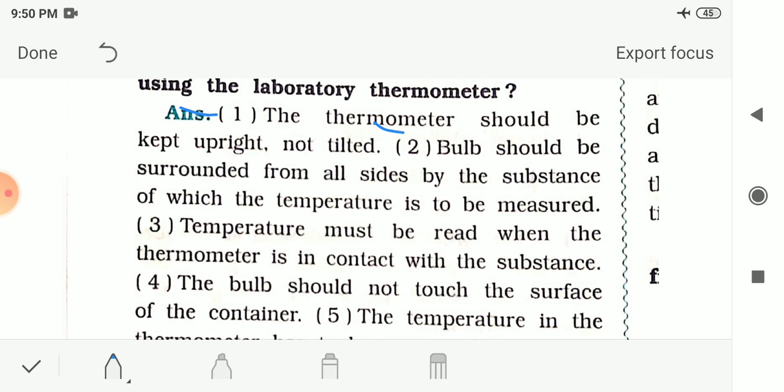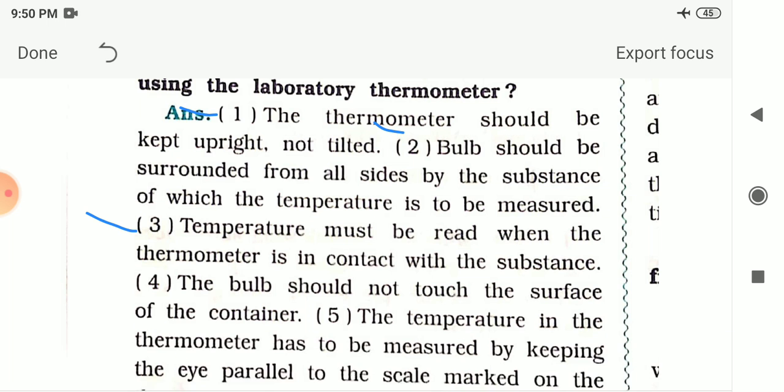Next precaution is, the temperature must be read when the thermometer is in contact with the substance. When your thermometer is in the substance or surrounded by the substance, only at that time you have to read the thermometer.